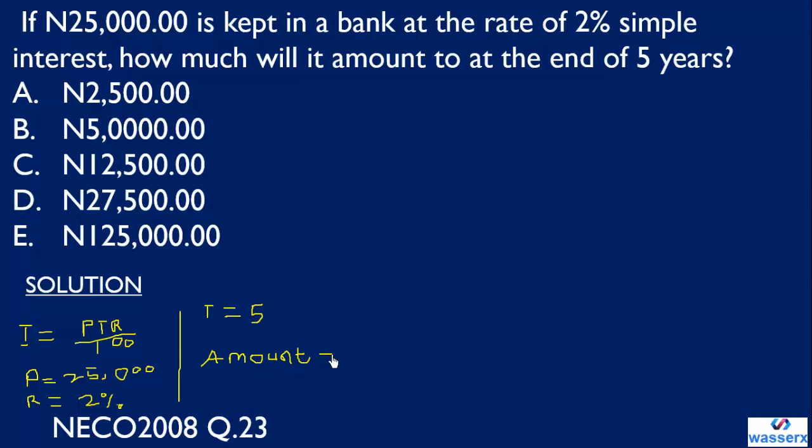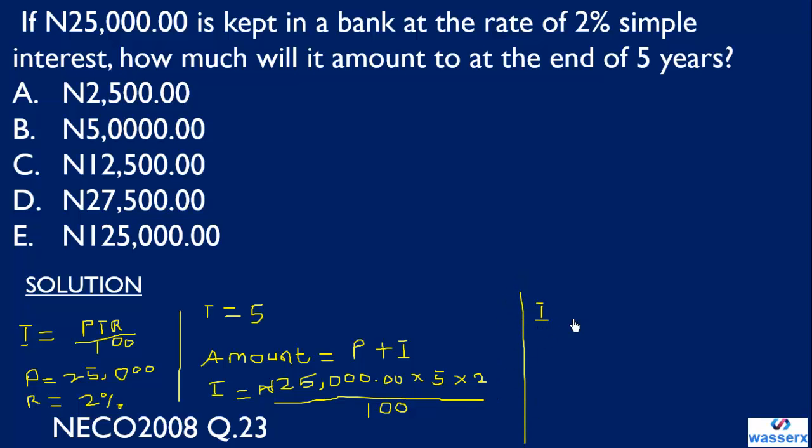So amount is given by the principal plus the interest. So we know the principal already, so let's calculate the interest to obtain 25,000 naira times the time, which is 5 years, times 2 all over 100. So we simplify this to obtain the interest.